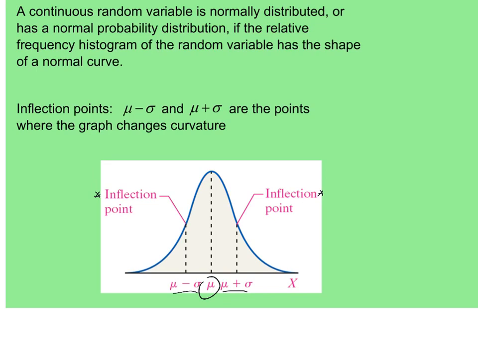That's where the graph switches, where up here it's concave downward, whereas over there, it's concave upward. That point right here is where the graph switches concavity. I'm not going to expect you to have these drawn perfectly, but if you choose to, that's just going to make your sketch look a little bit better. That's where you put your plus sigma and your minus sigma, okay? But that's what our curve looks like.